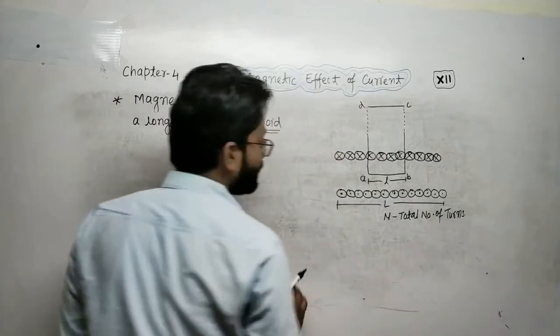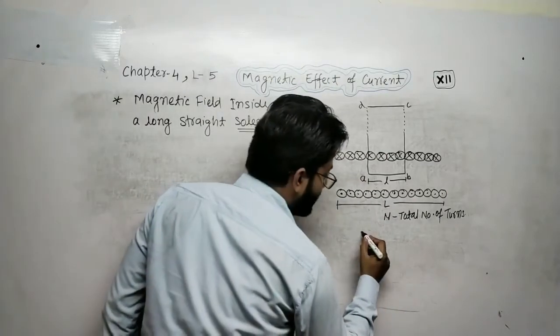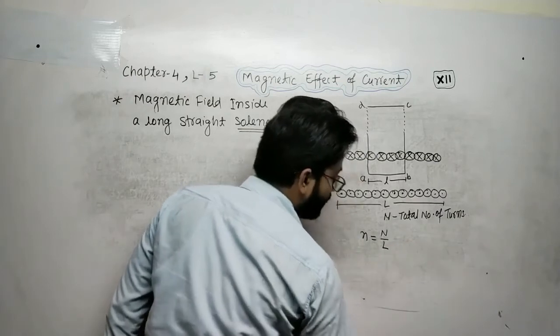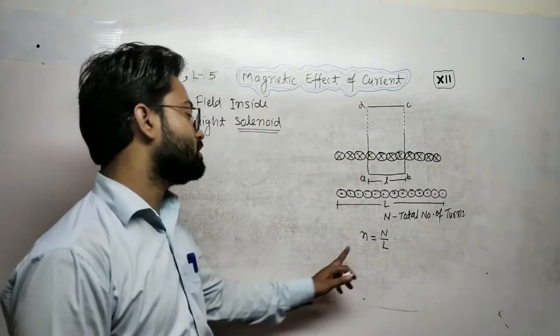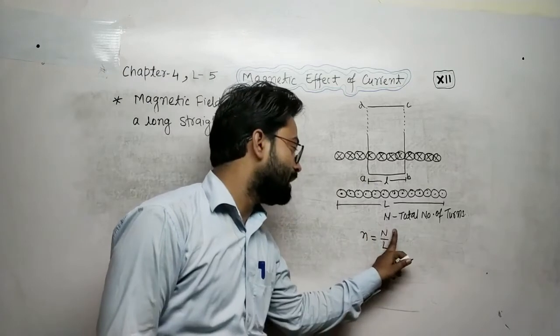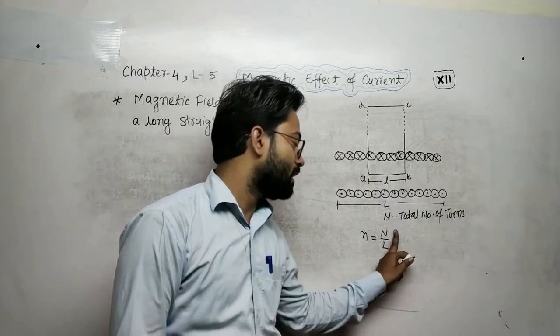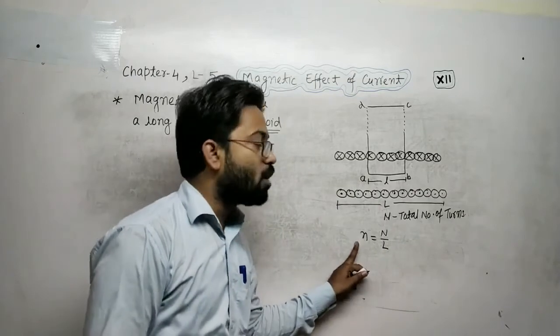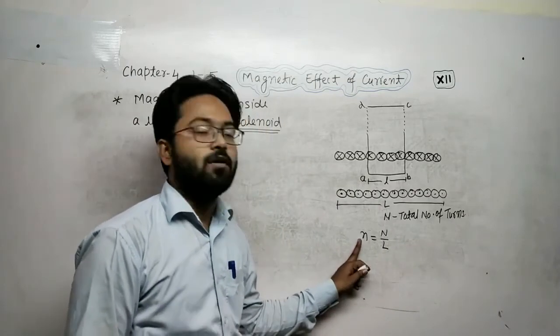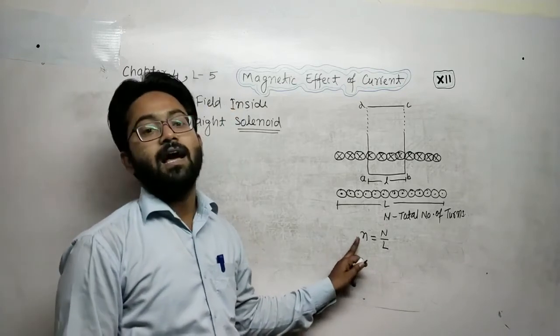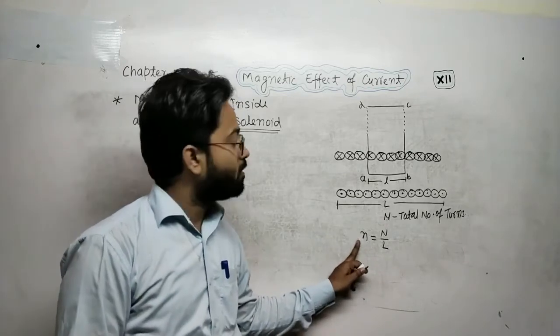And you know that small n is equal to capital N upon capital L. This is the total number of turns per unit length. Small n is the total number of turns per unit length, which means 1 meter of wire will have small n number of turns.